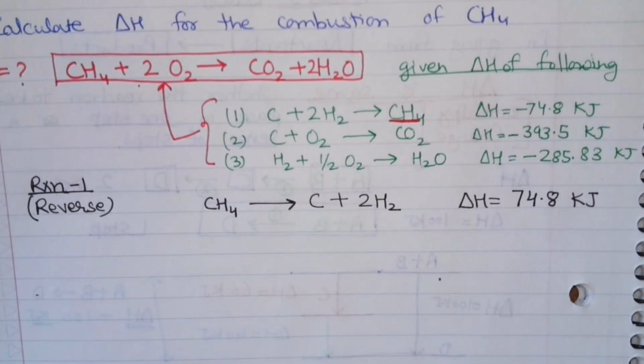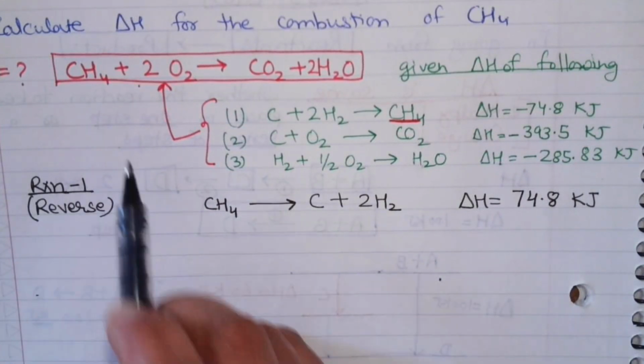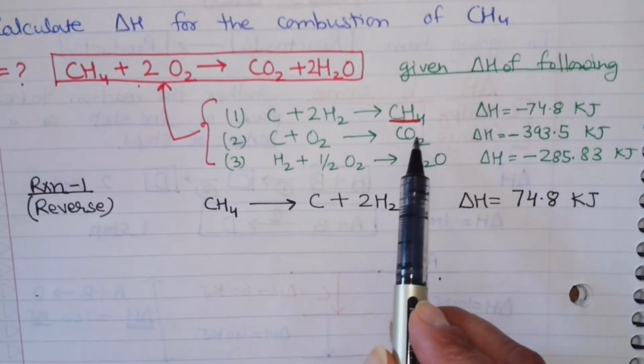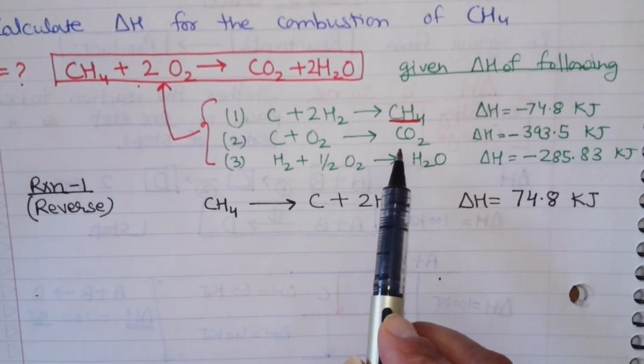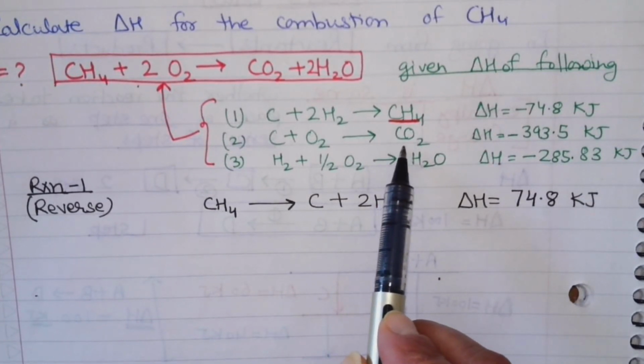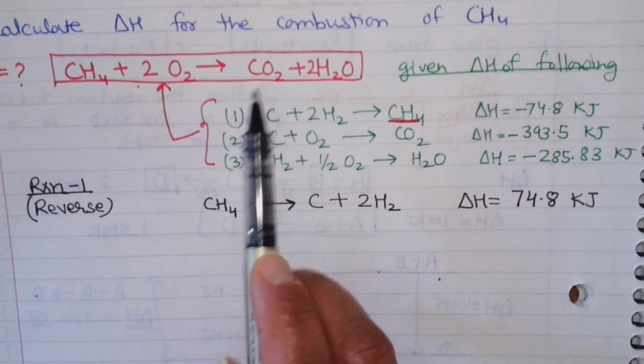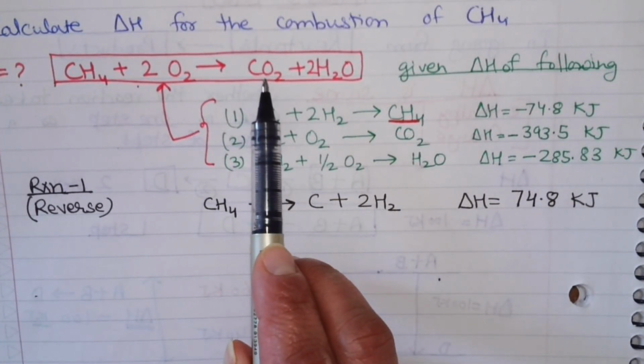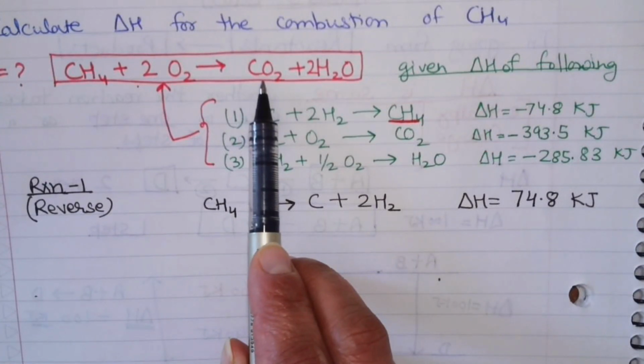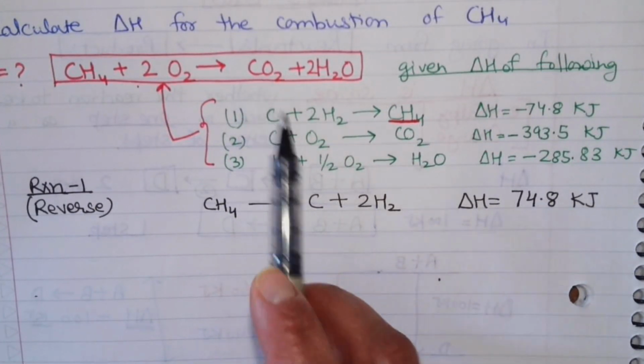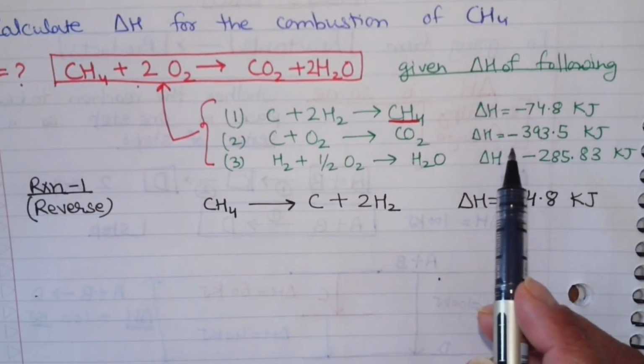Now let's see what we need to do with the second equation. So second equation we have CO2, right? CO2 is on the product side, and in the combustion reaction that we need to solve for, we also have CO2 on the product side. So we don't need to do anything to reaction 2.